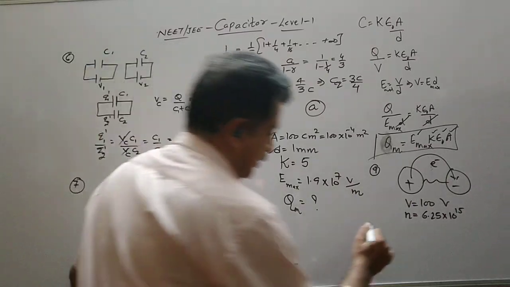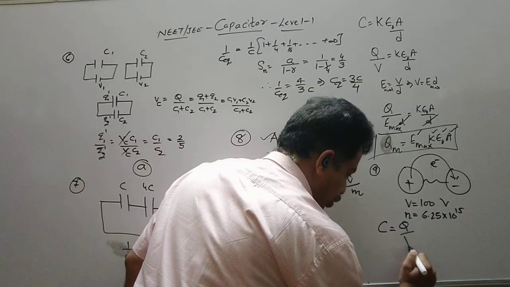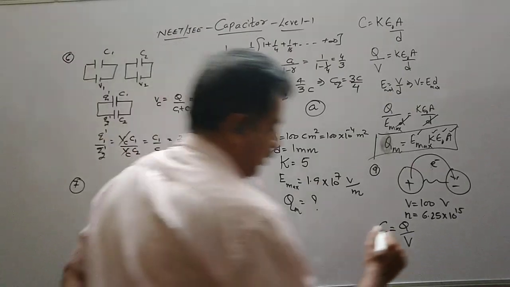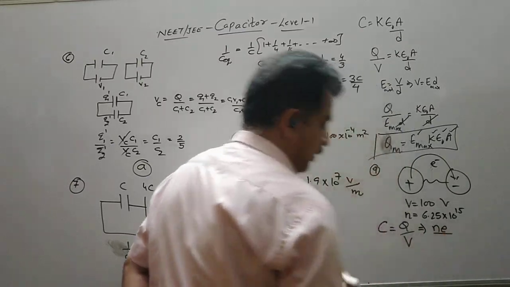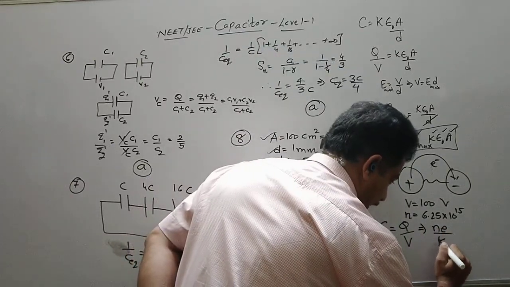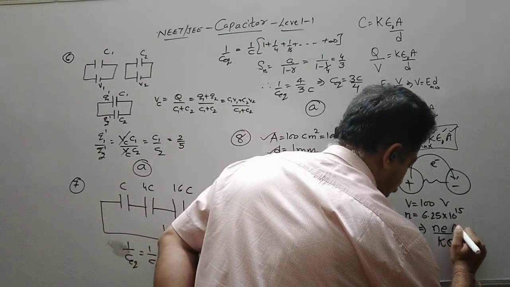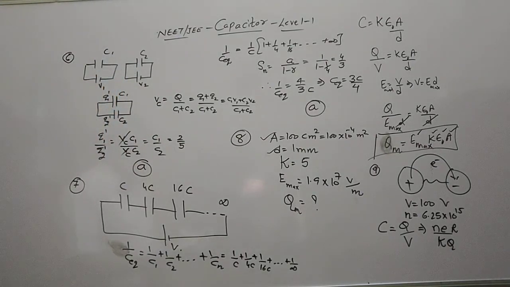Clearly, C is equal to Q by V, and Q can be written as NE.